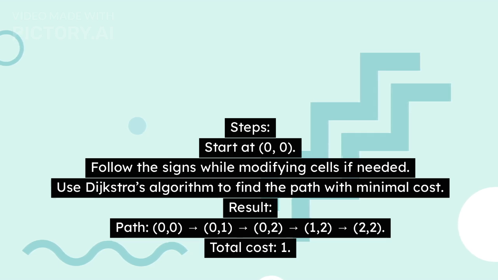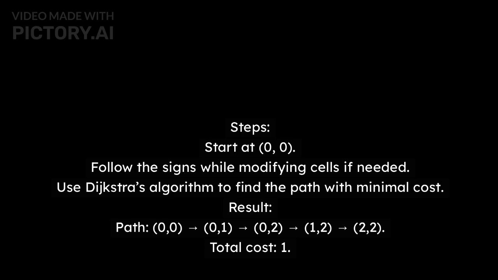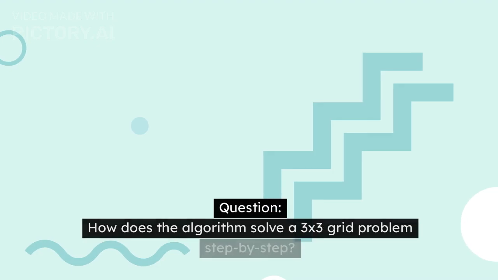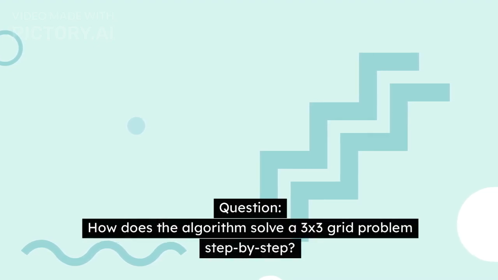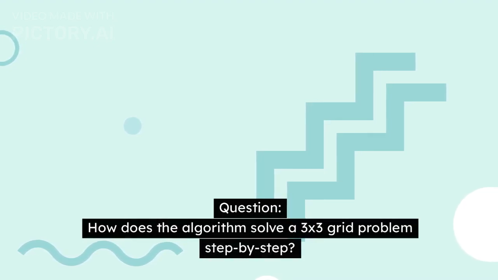Result: path 0,0 right, 0,1 right, 0,2 right, 1,2 right, 2,2. Total cost 1. Question: how does the algorithm solve a 3x3 grid problem step by step?